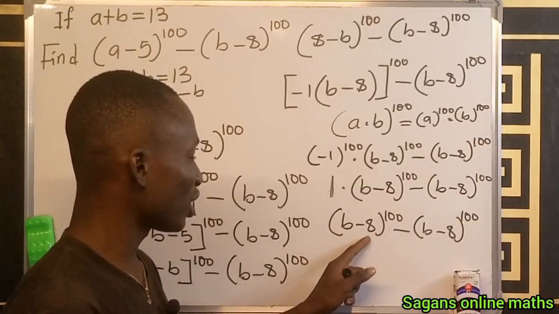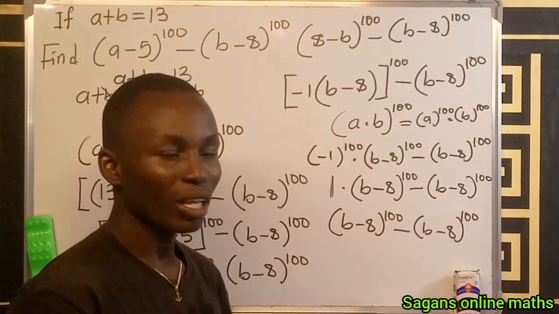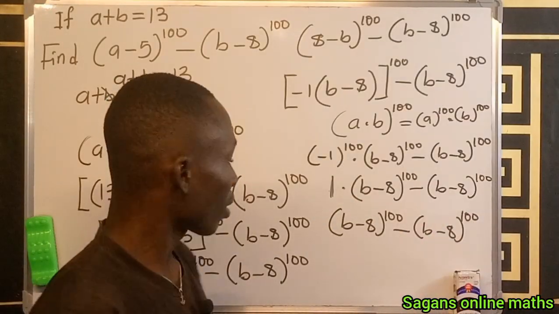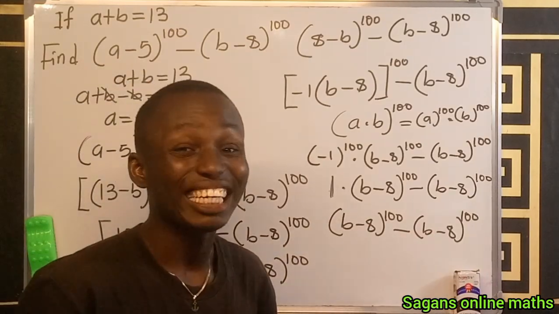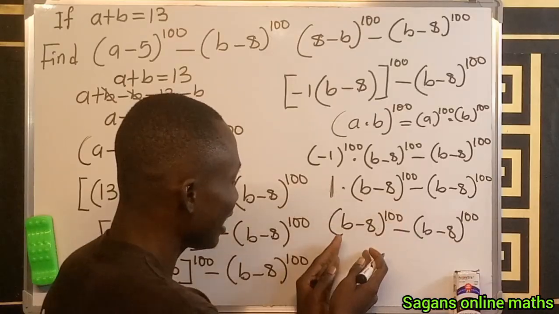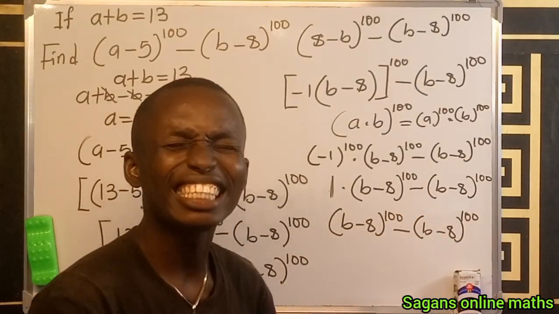Since (b - 8)^100 minus (b - 8)^100, they are the same. If I let this be a, and this is also a, then a minus a is 0. Because if all this represents a and all this also represents a, then a minus a is 0.